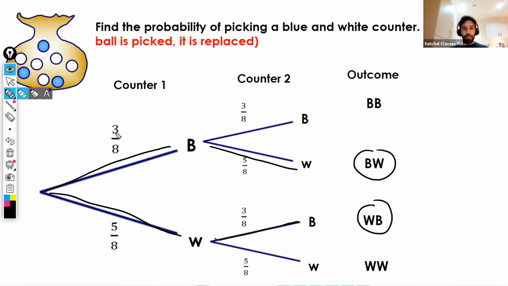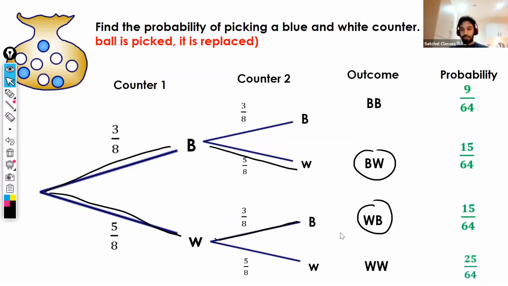So for blue, blue, we would have to do 3 over 8 times 3 over 8. That's going to be 9 over 64. For the probability of blue, white, we would have to do 3 over 8 multiplied by 5 over 8. That's going to be 15 over 64. Down here, white, blue is going to be 15 over 64, and white, white is going to be 25 over 64.